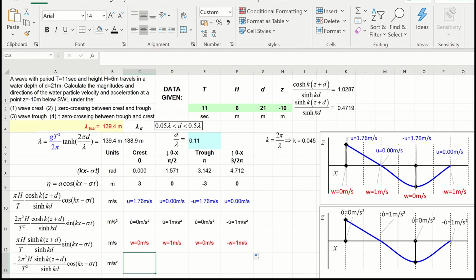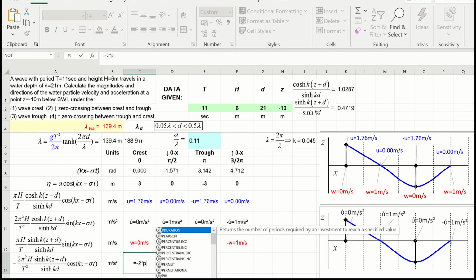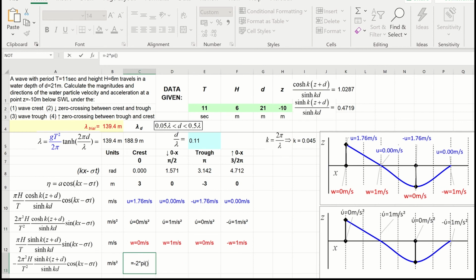And finally, I need to calculate vertical acceleration, which would be equal to minus 2 multiplied by pi in power 2 multiplied by wave height, and I fix it, F4, divided by wave period in power 2, and multiply by the ratio, which I already calculated, F4, and multiply by cosine, and again I read this from those values and close the bracket.